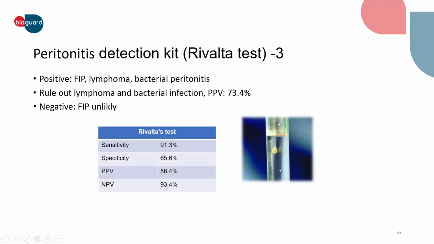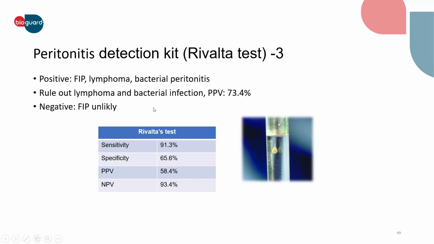And if the test result is positive, in addition to FIP, lymphoma or bacterial peritonitis will also make this test positive. So if the Rivalta test is positive, we can rule out lymphoma and bacterial infection by cytology for lymphoma and bacterial culture for bacterial infection.